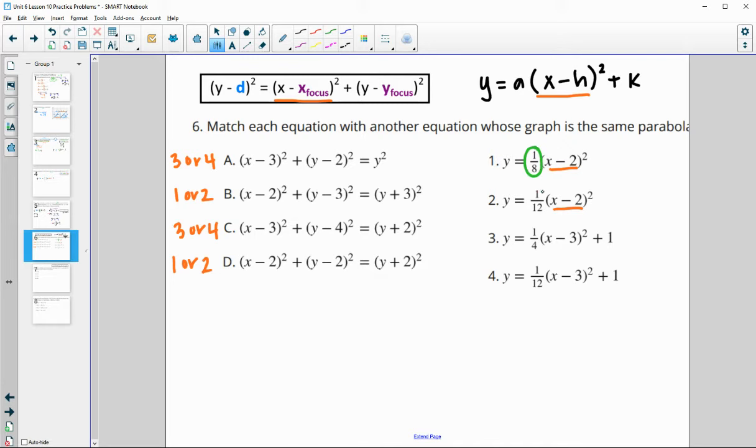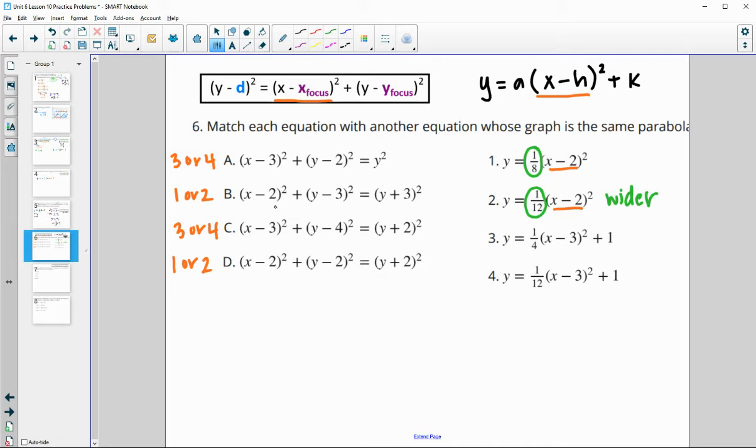So this 1/12 is going to be wider than the 1/8. So if we take a look over here, and now we're just looking at B and D, which one of these would be wider? It would be the one where the focus is further away from the directrix.